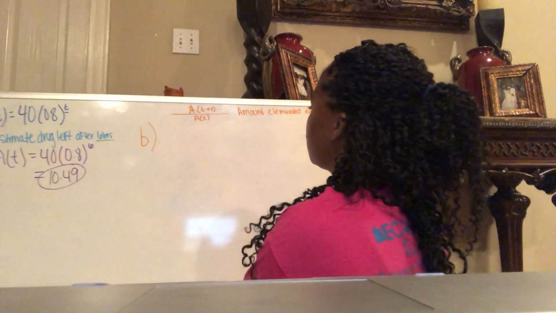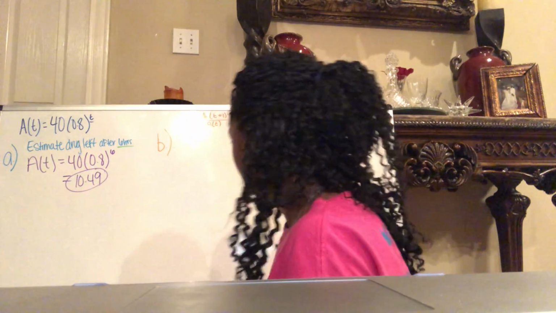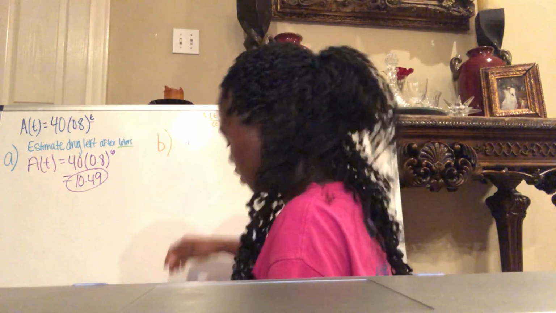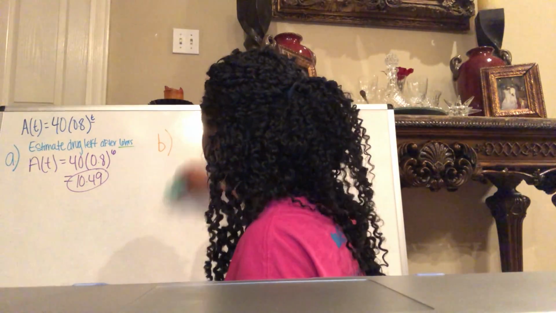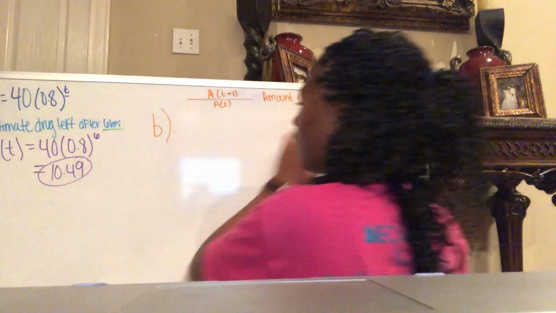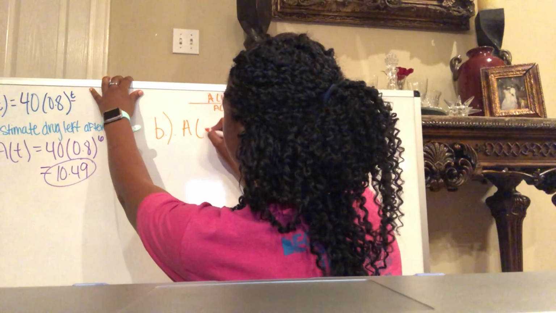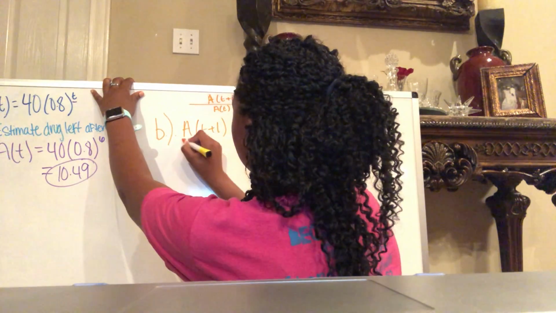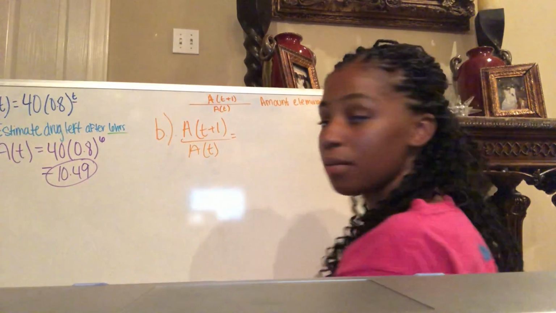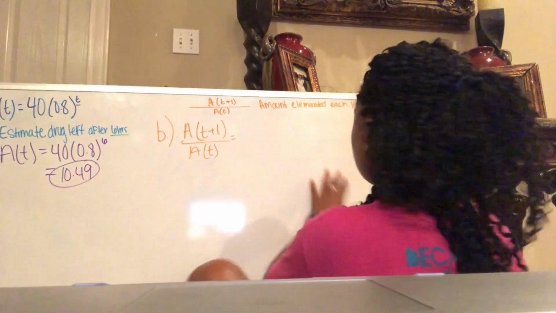So the first thing we're going to do is rewrite that equation. I'm going to change colors so we can see it. Like I said, it's the same equation I previously had, which is A of T plus 1 over A of T, and we're still using that same equation we just plugged into.